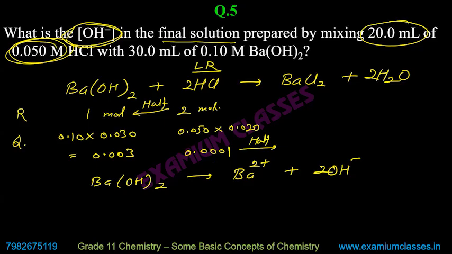That is the only requirement. So 0.05 into 0.02 will be 0.001, because 5 twos are 10 and then 4 decimals. So half of it will be 0.0005.